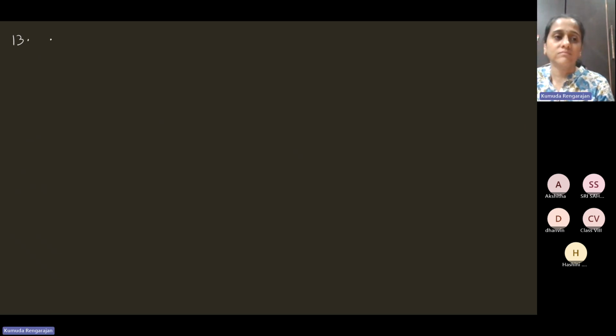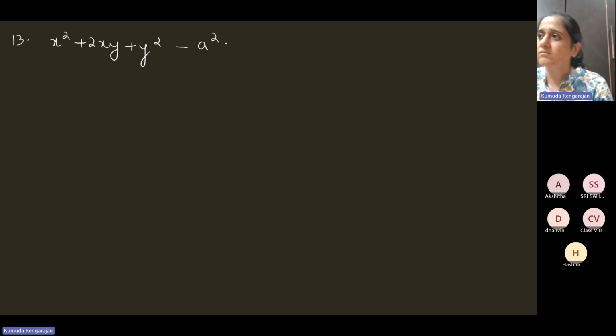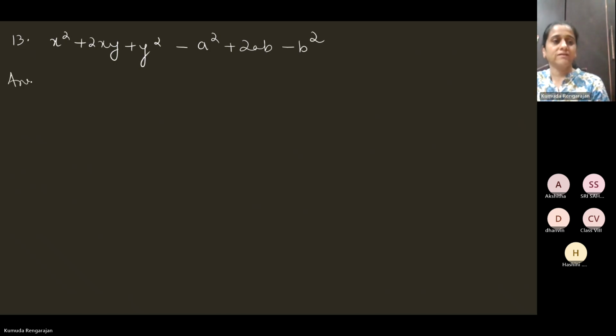X square plus 2xy plus y square minus a square plus b square 2ab minus. And we have to take this expression in a bracket and then minus. Correct. Okay, try. You haven't still tried this?